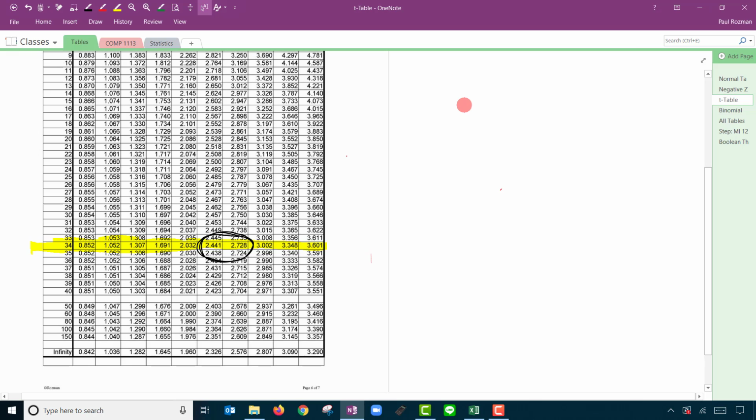Oh no, we don't have a row 49. We have a row 50. That's pretty close. And we have a row 40. Remember what number we're looking for there. We're looking for 2.06.